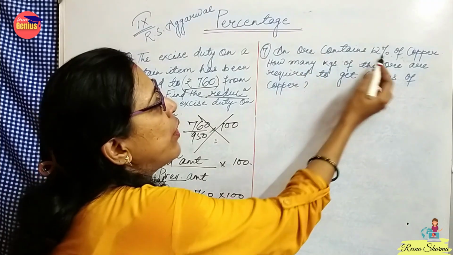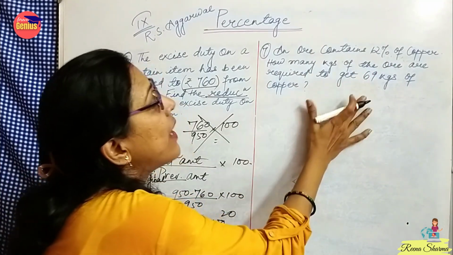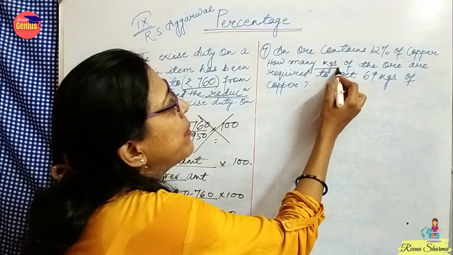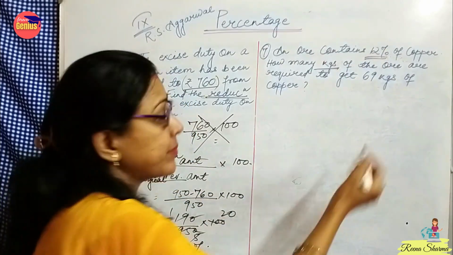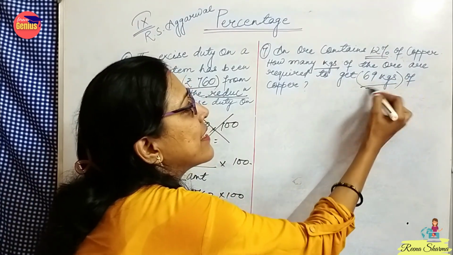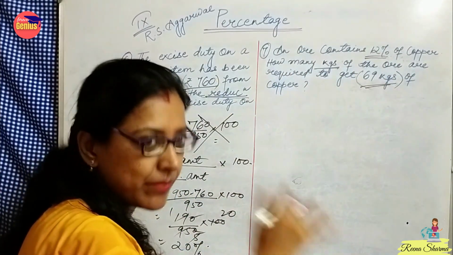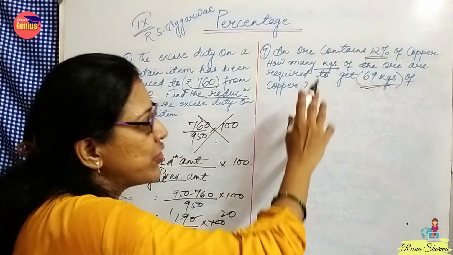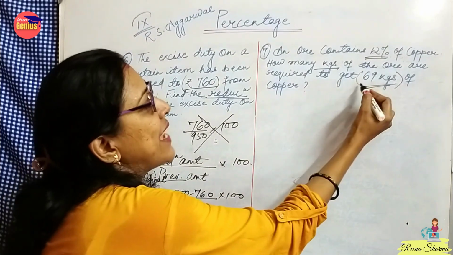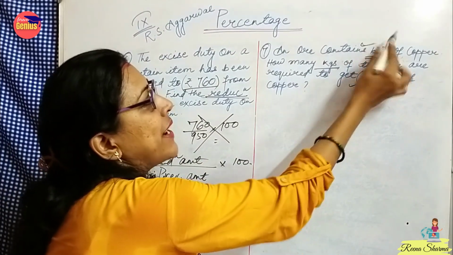See, an ore contains 12%. Means 69 kg is 12% of a certain amount of weight which is given, which we don't know. So we can just take this as 12%.